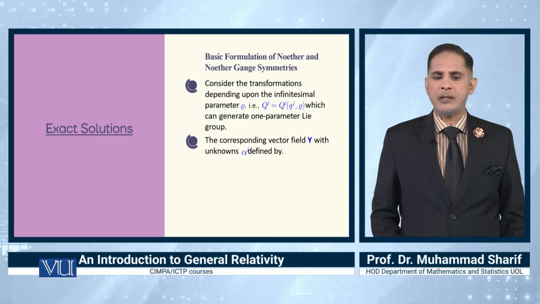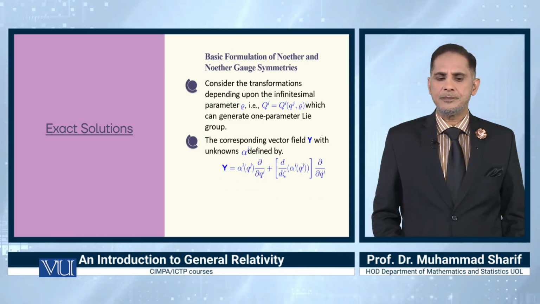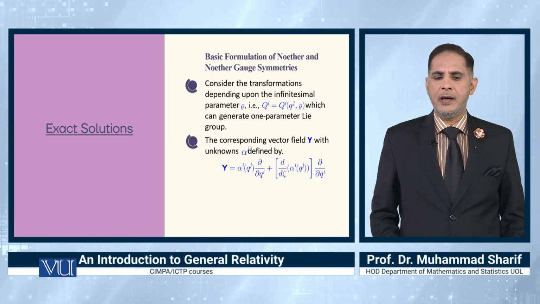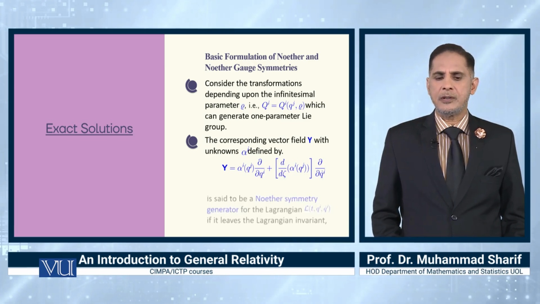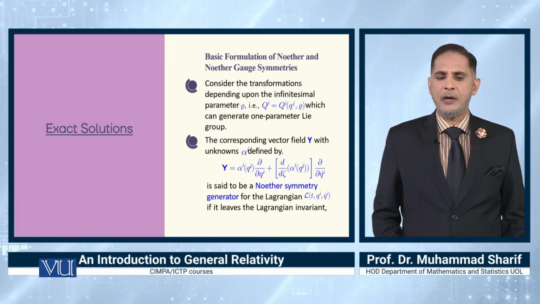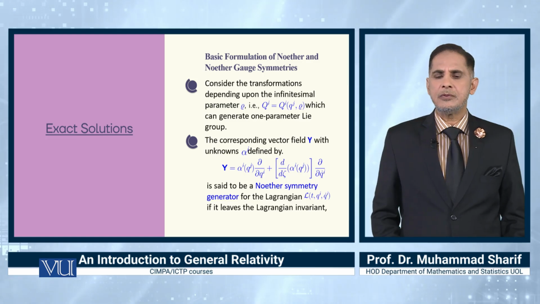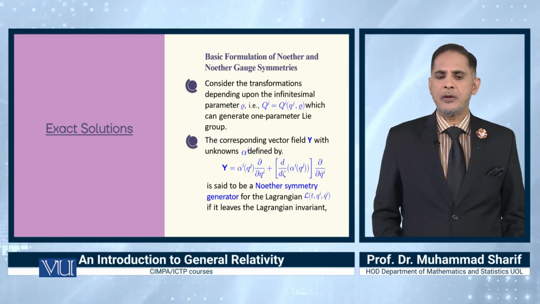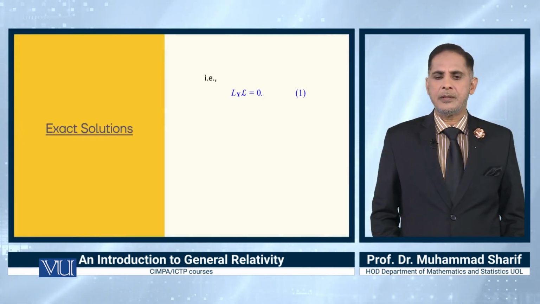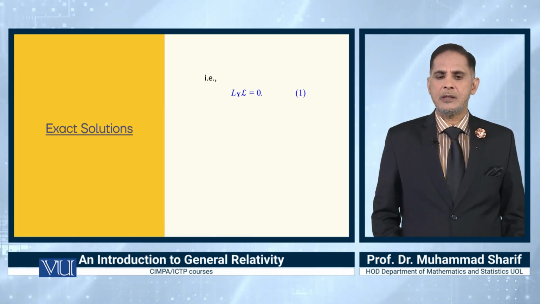The corresponding vector field with unknown alpha is defined as follows. Here alpha i depends upon the generalized coordinate. You can see the q dot, which is the generalized velocity. This is said to be a Noether symmetry generator for the Lagrangian, which depends upon time, generalized coordinate, and generalized velocity, if it leaves the Lagrangian invariant, that is, the Lie derivative of the Lagrangian with respect to this vector is 0.